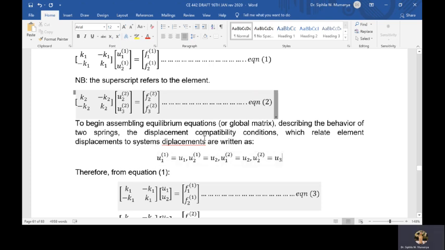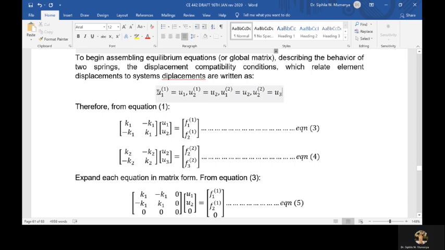The displacement compatibility conditions, which relate element displacements to system displacements, are written as shown there. That is, the displacements in node 1 will be the displacements, and also the displacement in 2.